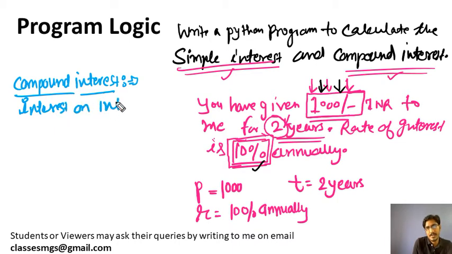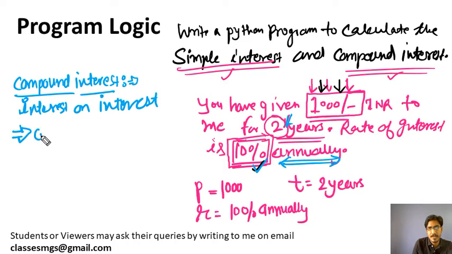Interest on interest is known as compound interest. What I am trying to say is, let's suppose you have given me 1000 rupees at the rate of 10% annually for 2 years. Then you will calculate this interest annually, and after 1 year, for the first year, what will be the interest?